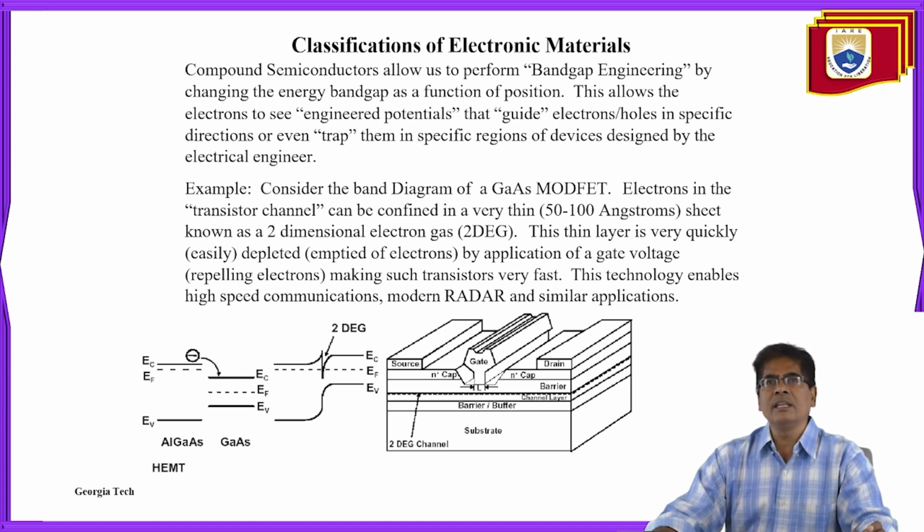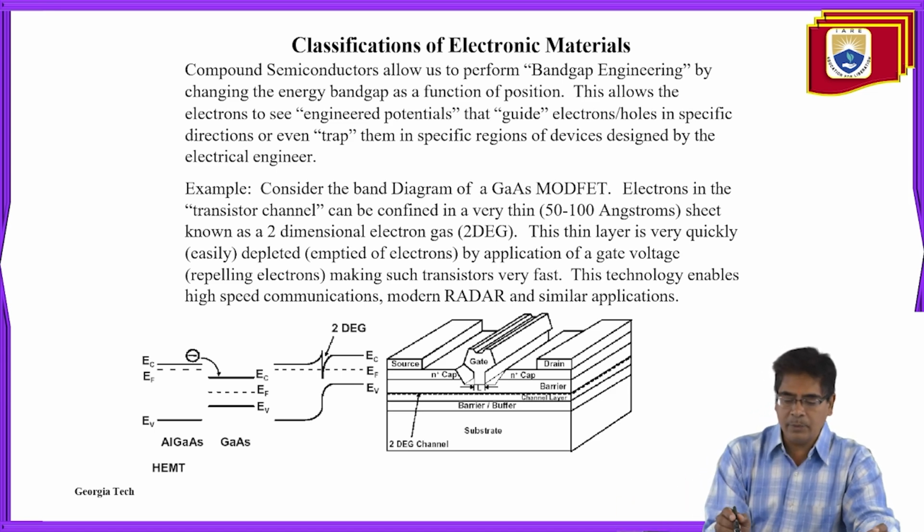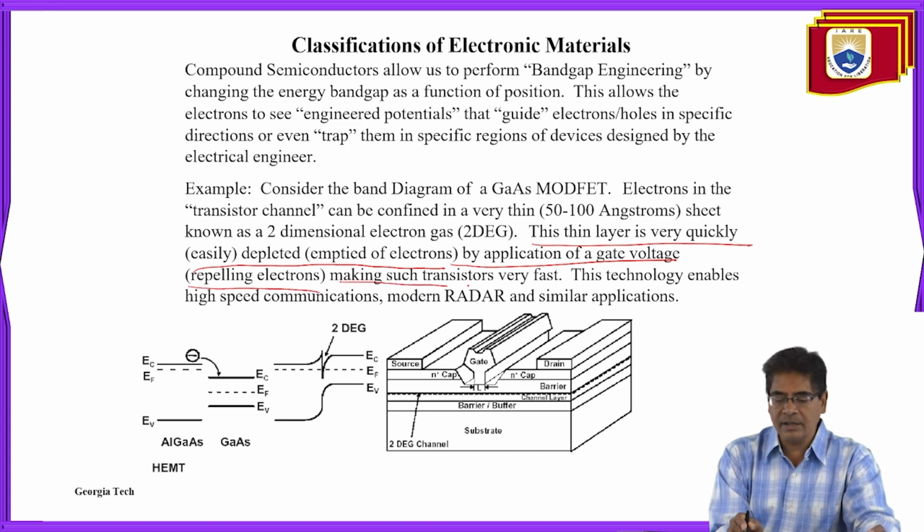So here, in the band diagram of the gallium arsenide MOSFET, electrons in the transistor channel can be confined in a very thin sheet of around 50 to 100 angstroms known as a two-dimensional electron gas. This thin layer is easily emptied of electrons by application of gate voltage, making such transistors very fast. This technology enables high-speed communications, modern radar and similar applications.